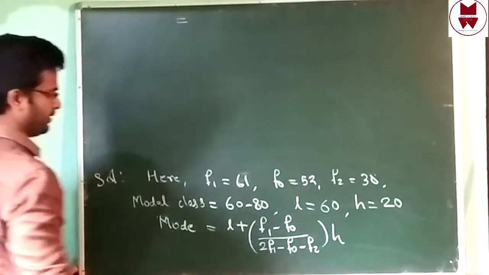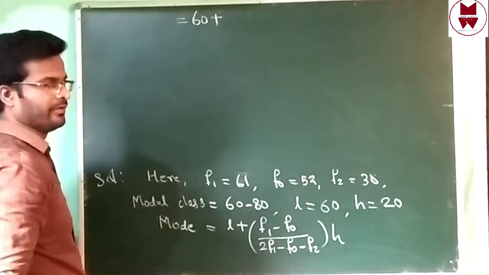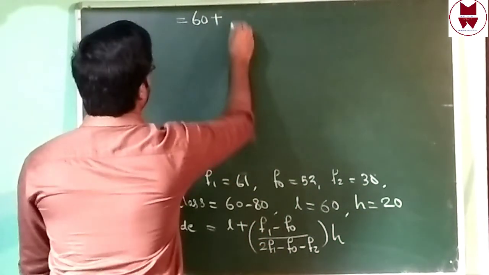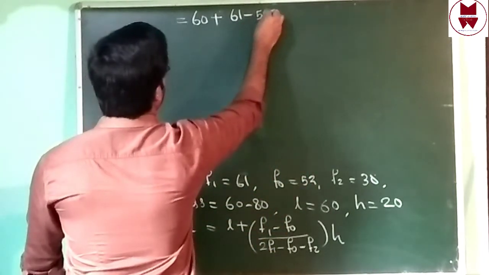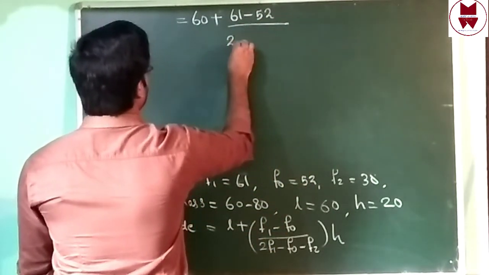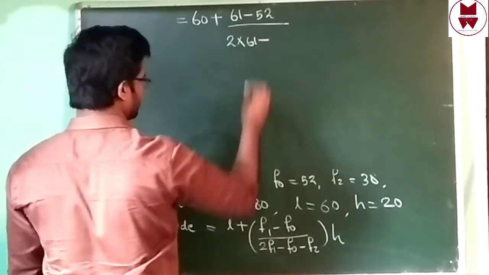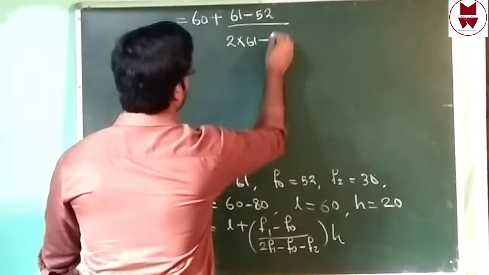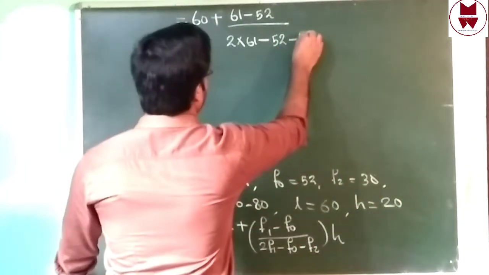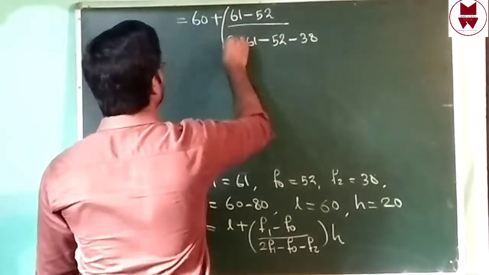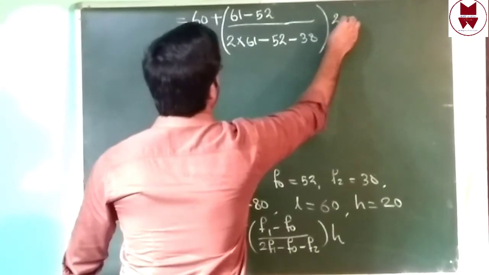Equal to L. L means 60, plus F1 is 61 minus F0 is 52, divided by 2 into F1 is 61 minus F0 is 52 minus F2 is 38, into h is 20.